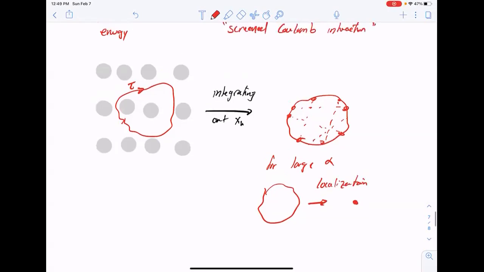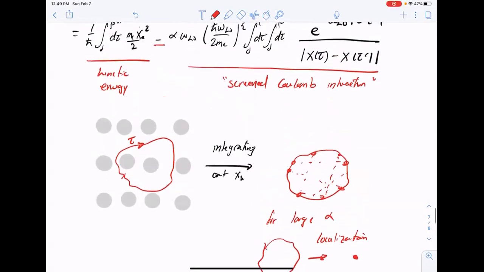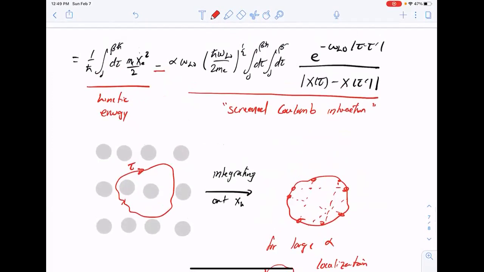So this is a somewhat abstract way to understand the influence of the phonons on the electron, how it can act to localize it. Essentially, imaginary time, that's like saying that there is a delay in the action. So an electron interacts with a phonon, the phonons propagate through the material and can come back and act back on the electron.